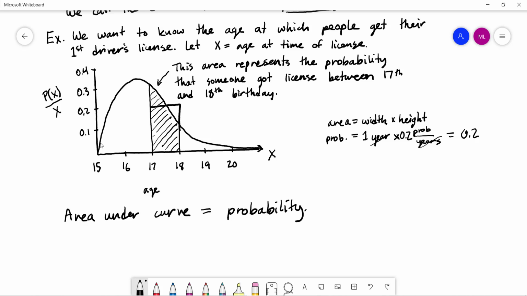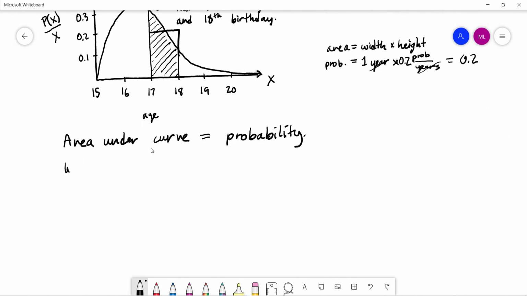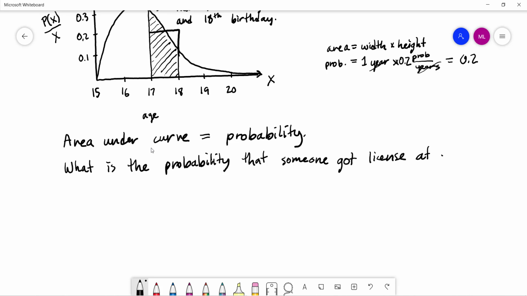One other question that I can ask then is, what is the probability that somebody got their driver's license at exactly the nanosecond they turned 17? And this exact is important.